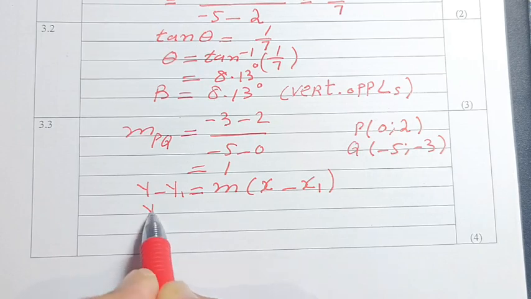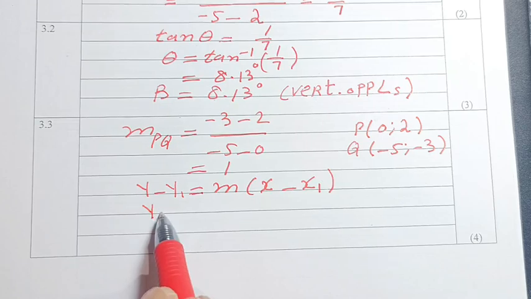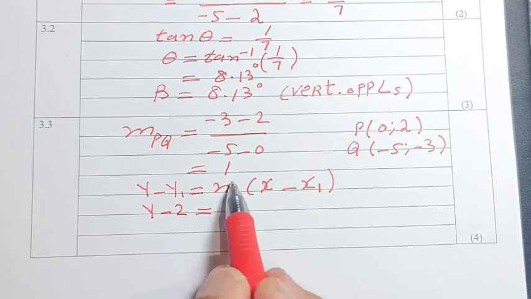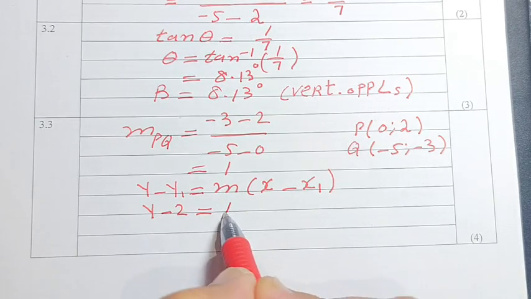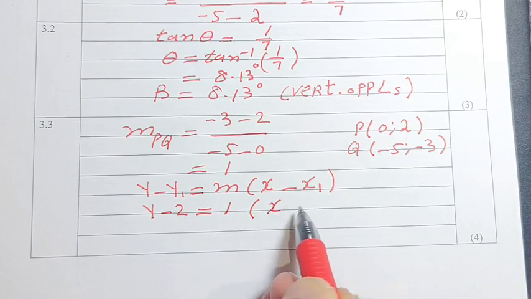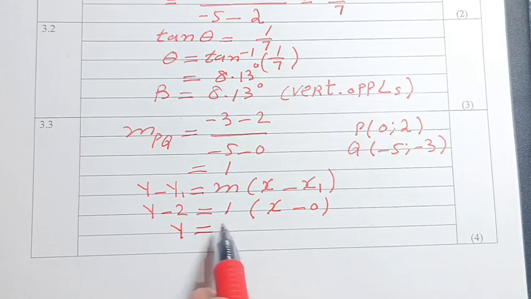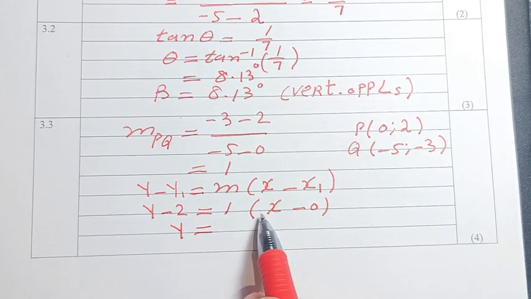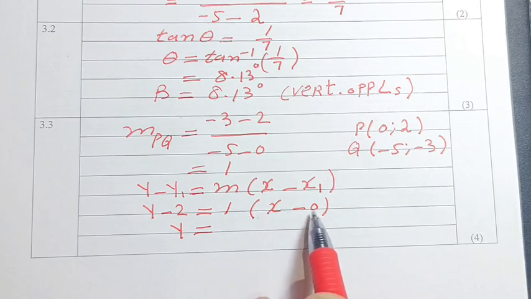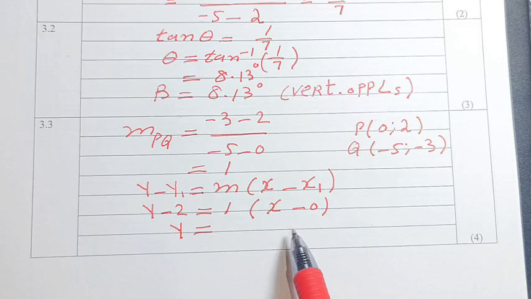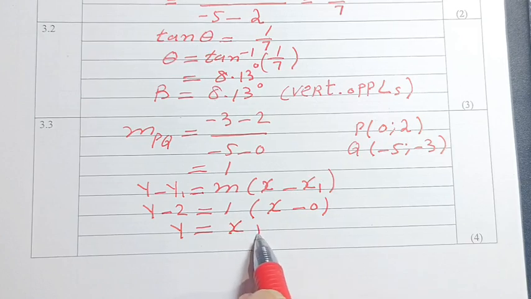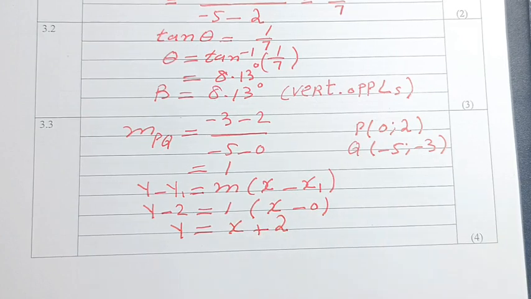So y minus 2 is equal to the gradient we got, 1, times x minus 0. Therefore my equation is going to be, multiplying inside, x, and this becomes 0. Negative 2 I move over to this side and it becomes positive, so y equals x plus 2. So this is the equation of the straight line.